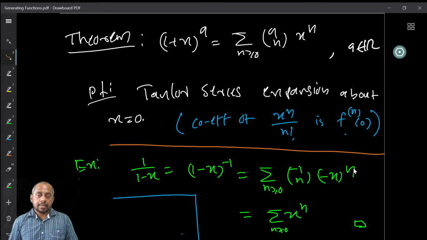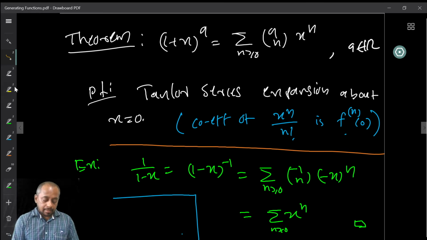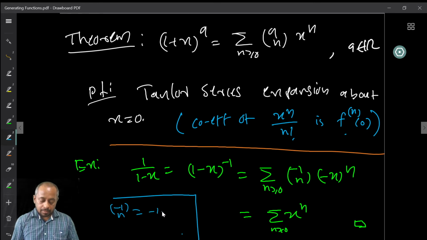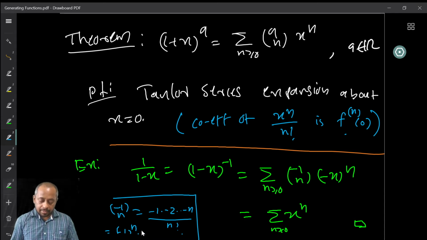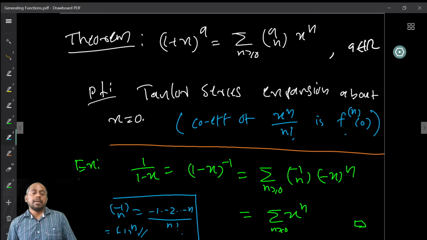Now, what is that? You just have to find out what minus 1 choose n is, right? So minus 1 choose n is equal to minus 1 into minus 1 minus 1, which is minus 2, into etc. minus n, by n factorial, which is equal to minus 1 raised to n into n factorial by n factorial, which is minus 1 whole raised to n.